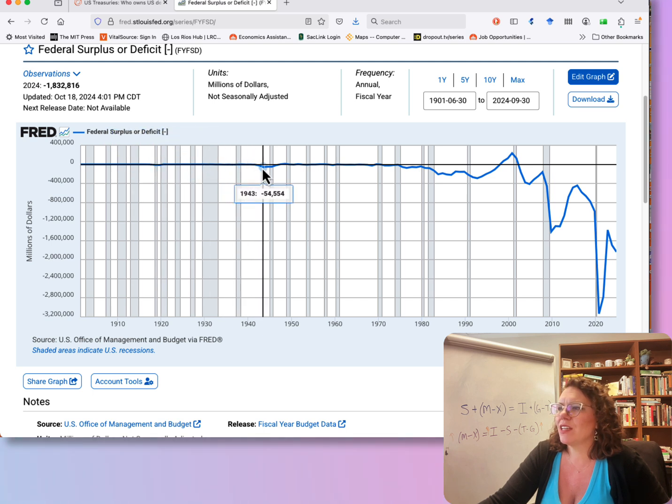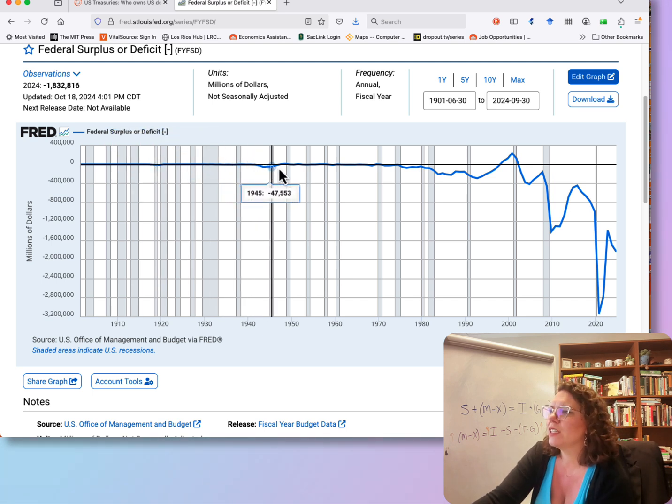Here we have a deficit in the mid 1940s, and then we had periods of minor surplus in the 70s, and then a deficit in the 70s and 80s. Here's that surplus I spoke of in the early 2000s, 99, 2000. A little baby recession knocked that back down. And then you can see massive increases in the federal deficit during the Great Recession and during the pandemic. A little budget bump up to a lower deficit in 2022 and then back down in 2024.